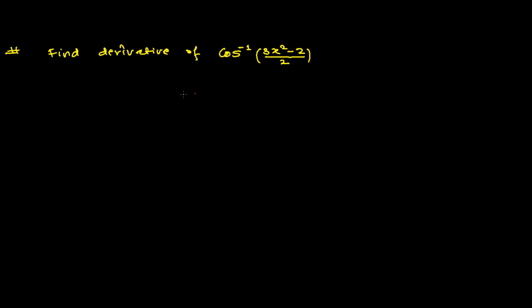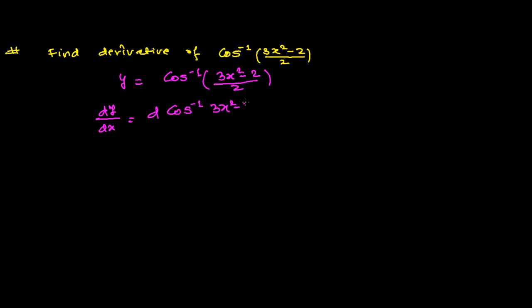Alright, so suppose we have our function y equals cos inverse of (3x squared minus 2) over 2. Let's differentiate both sides with respect to x. So dy over dx will be the derivative of cos inverse of (3x squared minus 2) over 2.